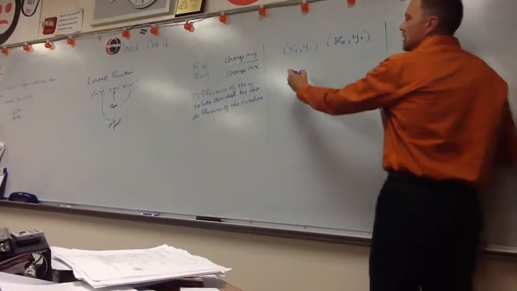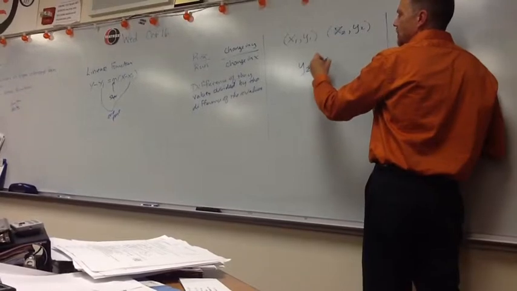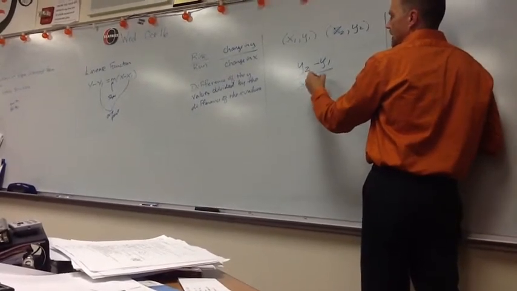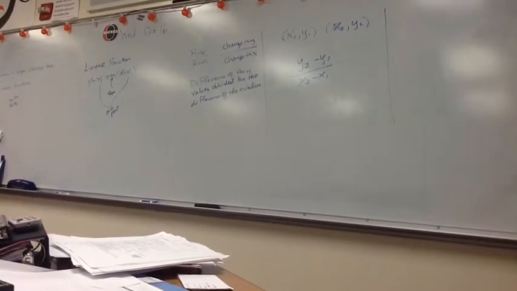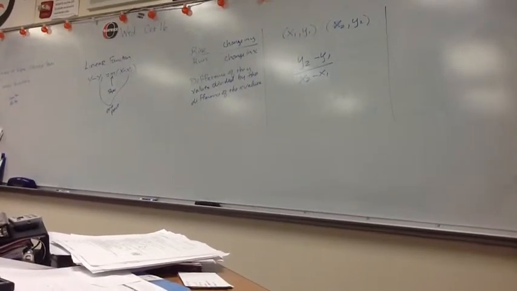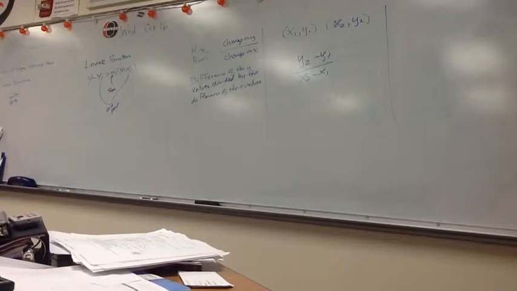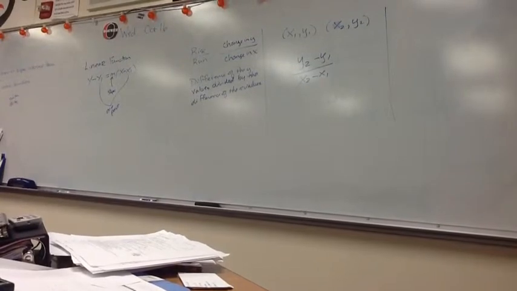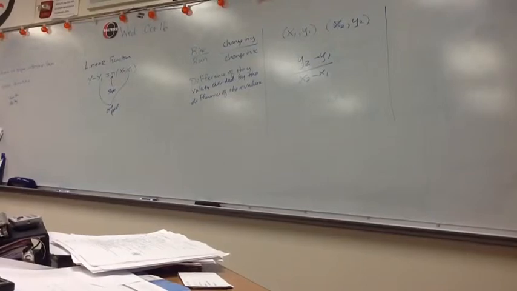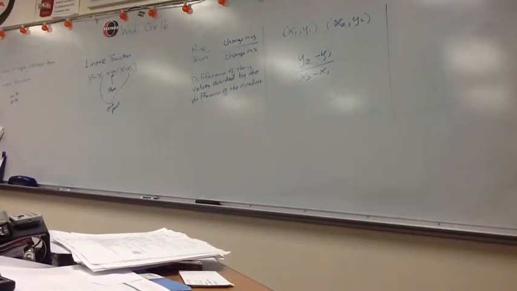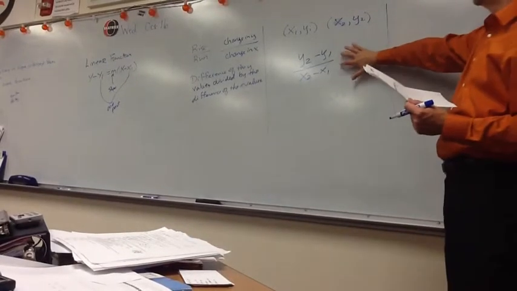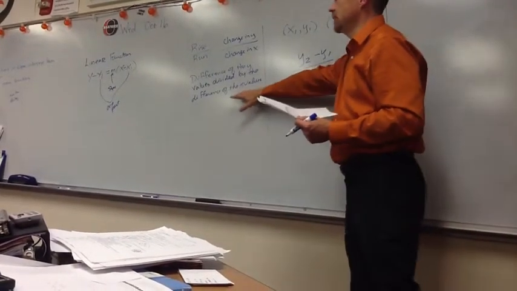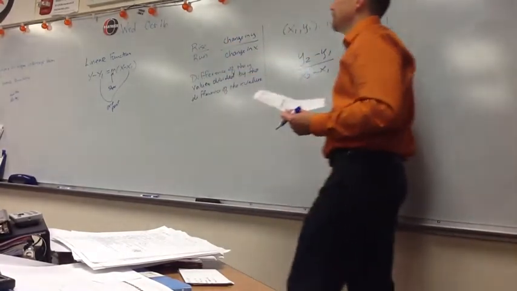And then your equation is y2 minus y1 over x2 minus x1. So there's the algebra part. I give you 2 points, you can find the slope. This is how you find slope. This is the words and little phrases to remember slope.